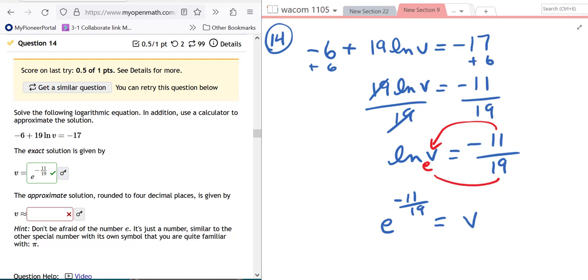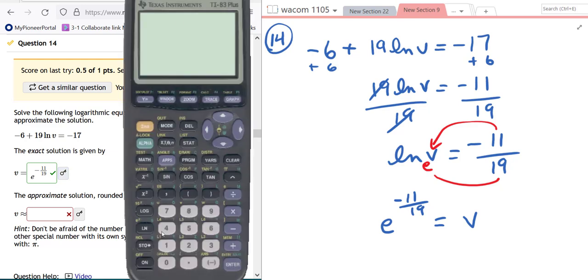To go in our calculator for the approximation, we'll just do second e. All right, we're going to raise it to a power. And I'm going to put this in a parentheses to keep my whole fraction together. So I have a negative 11 divided by 19, close parentheses.